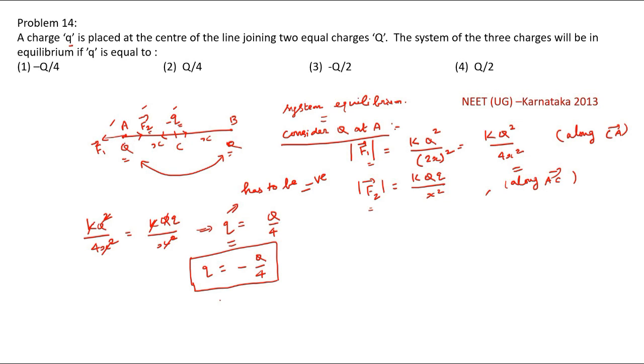So this is in equilibrium, and the net force on this you will calculate in the same way. Finally you will get q is equal to minus Q by 4. So this also will be in equilibrium, if you repeat the same argument focusing on the capital Q located at B. So what is the final answer? Small q is minus capital Q by 4. Option 1.